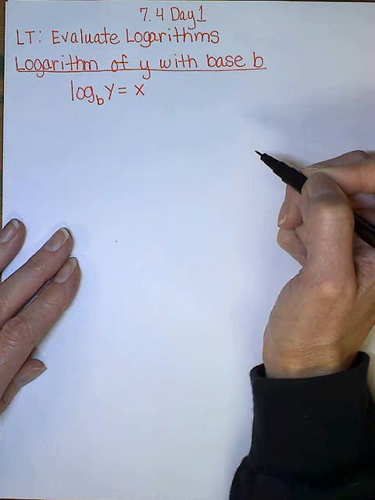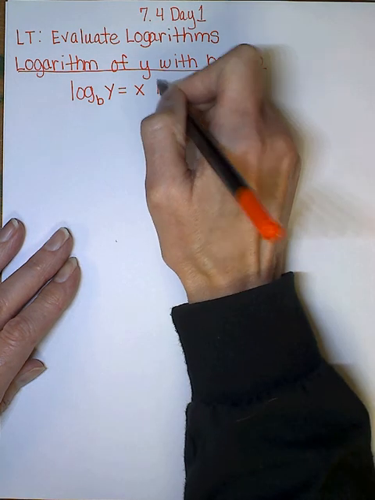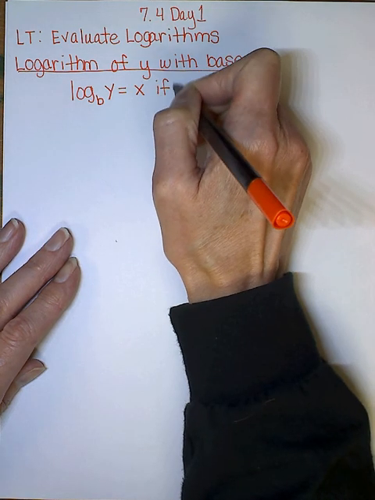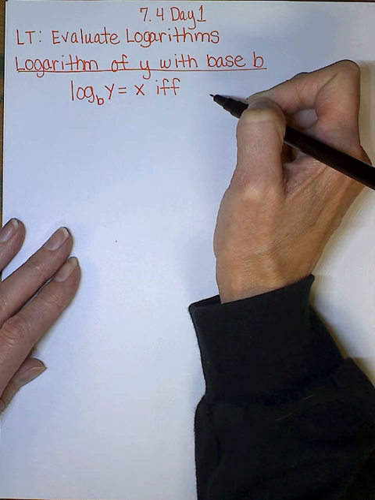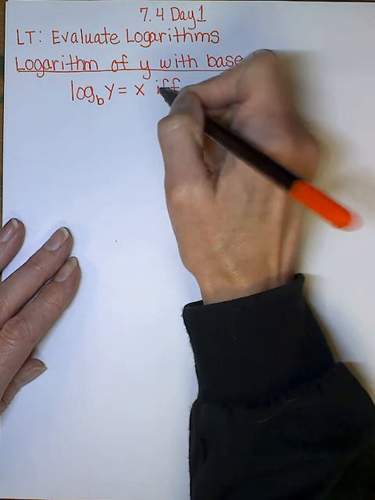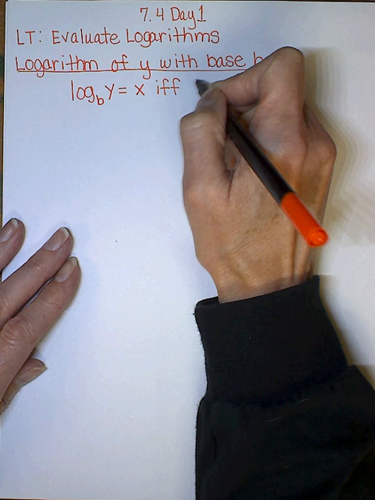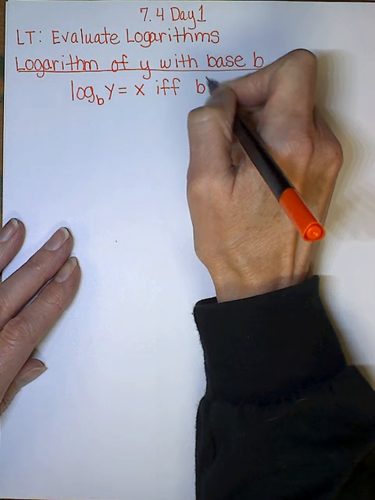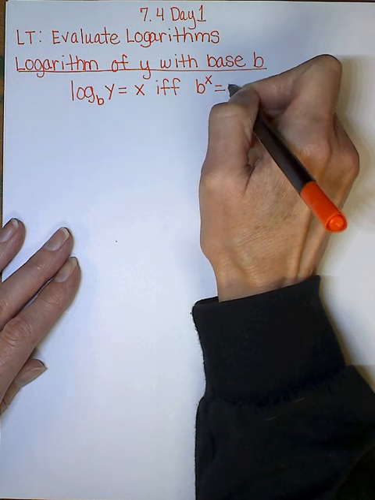This is what we call the logarithm form, and this is true if and only if. Do you remember that shortcut or shorthand that we used in geometry? That stands for if and only if b to the x equals y.